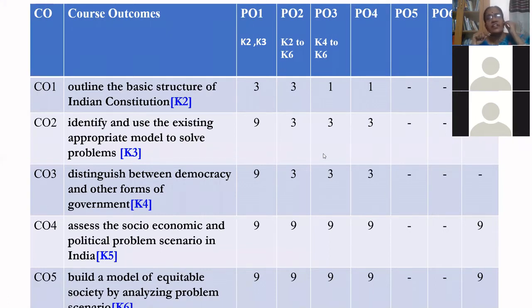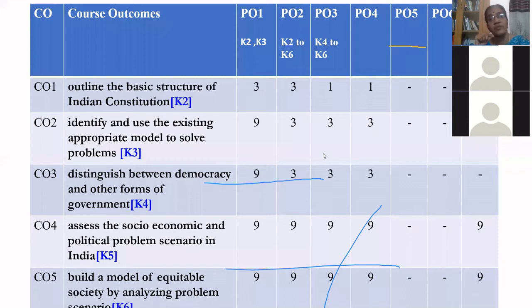So when you take the first three, PO1 is disciplinary knowledge. With the particular disciplinary knowledge, what can you do? With disciplinary knowledge, more things are possible, but with the knowledge alone, you can restrict yourself to the levels of K2 and K3. So K2 is just remember understanding, and K3 just you can apply from what you have learned. So K2, K3 is possible with PO1.